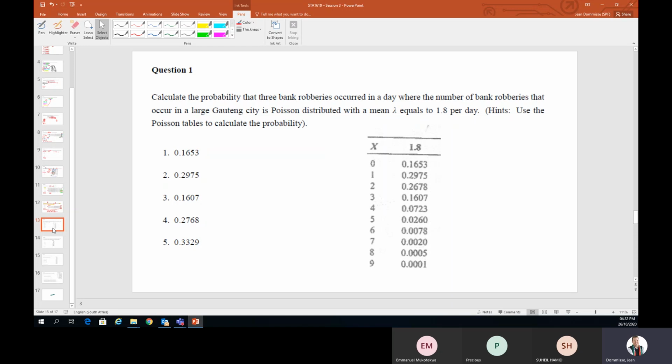Yeah, I think it is nearly the binomial and Poisson. One just needs to know how to use the formula or the tables instead of the formulas, because then it is easier to use.